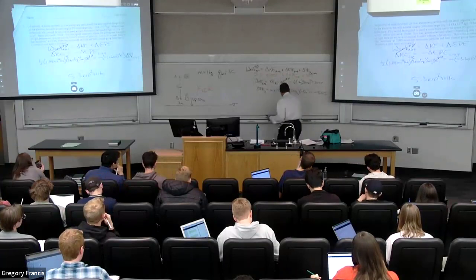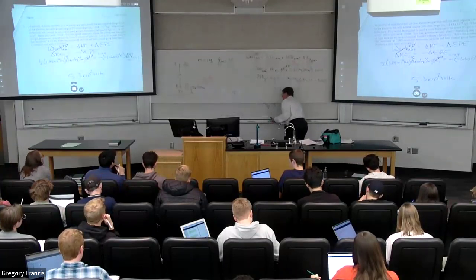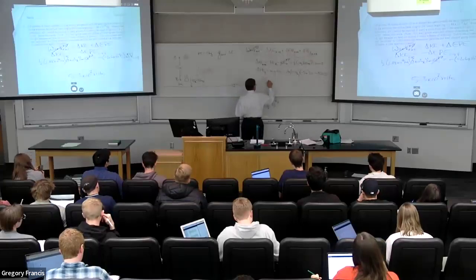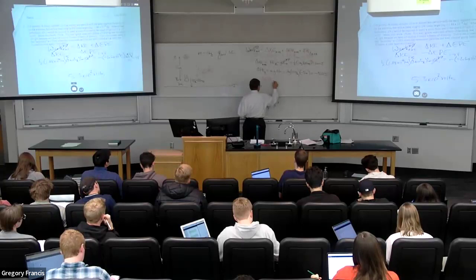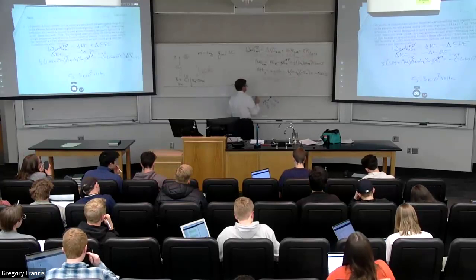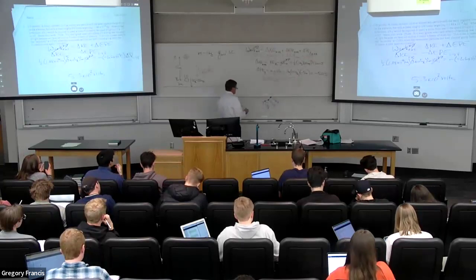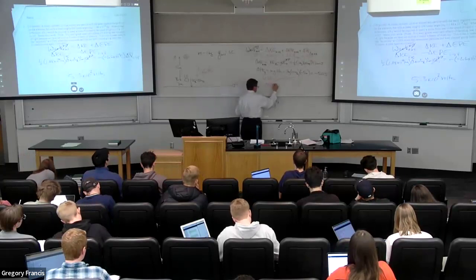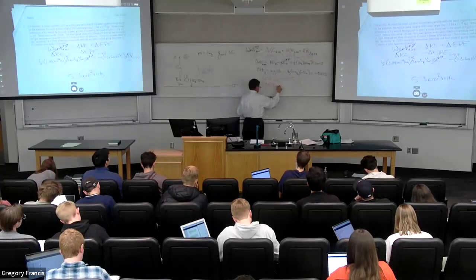And so that tells me that the change in electric potential energy from A to B has to be negative 150 joules in order to make that balance.